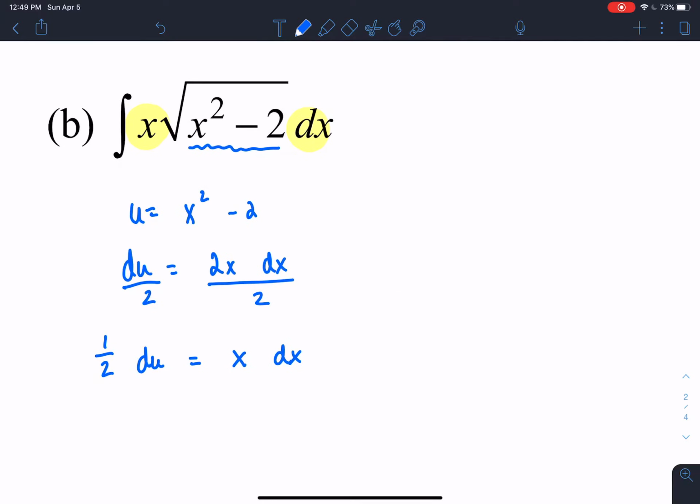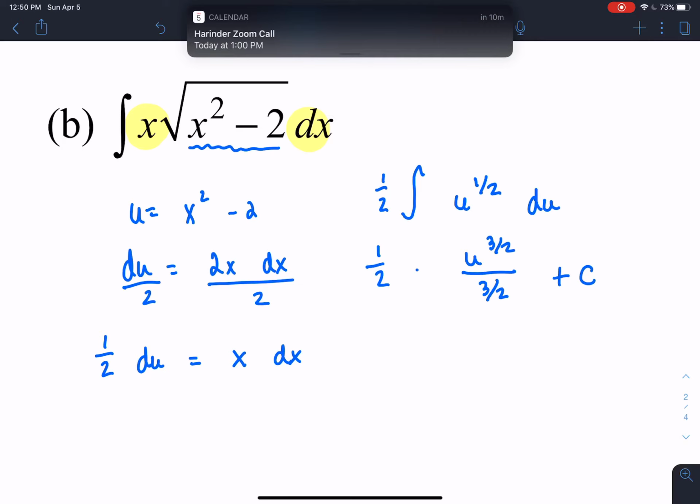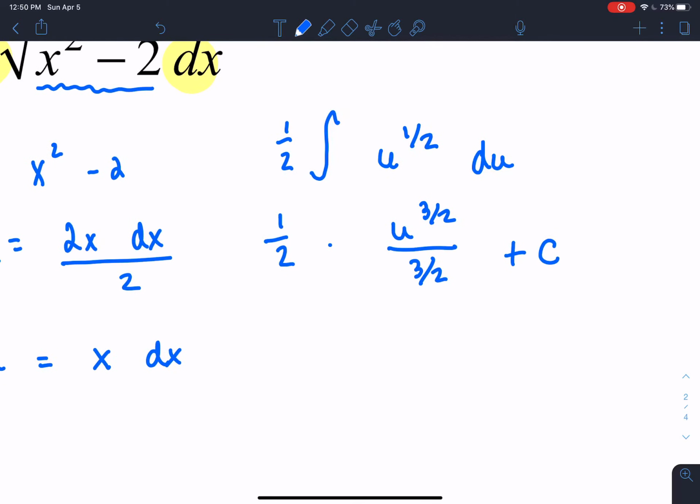All right, so you have your 1/2 out front, and then instead of the square root of u, you can write u to the 1/2, because we need to find the antiderivative. So this becomes 1/2 times u to the 3/2 over 3/2 plus c. Let's simplify this a little bit.